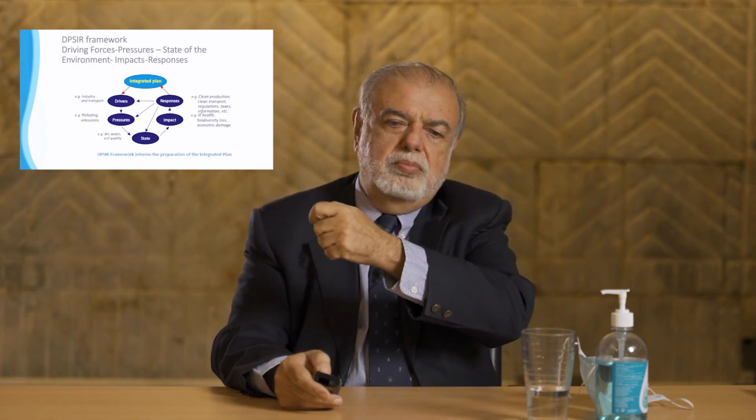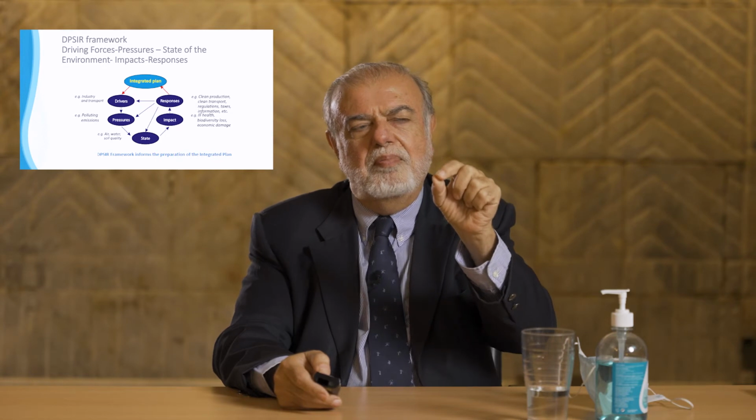So I start by deciding the protection of the species. This is a measure, is a response. This response, in turn, reduces the pressures, improves the state, reduces the impacts, and so on and so forth.